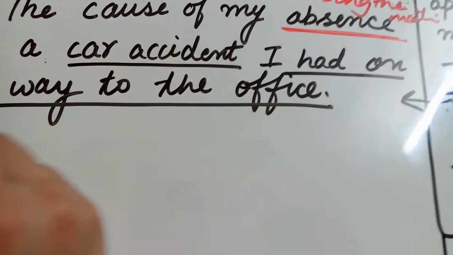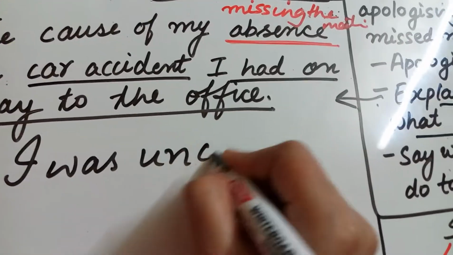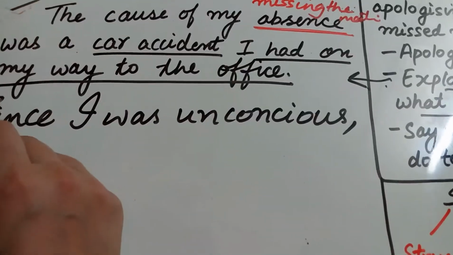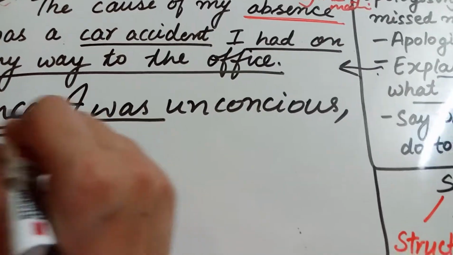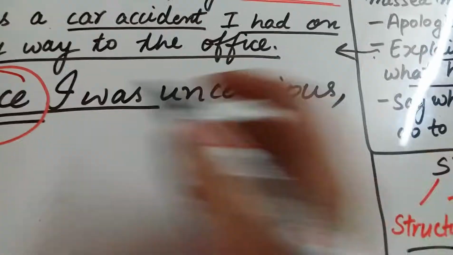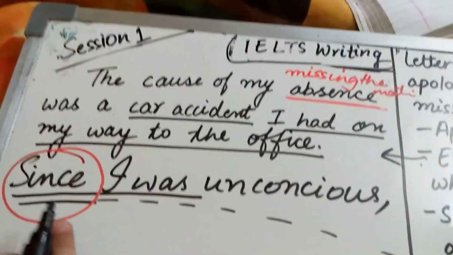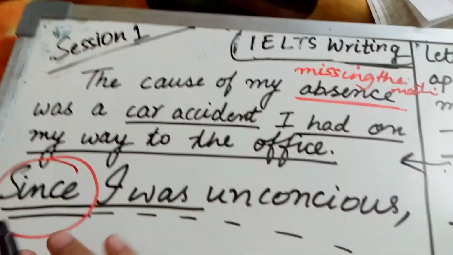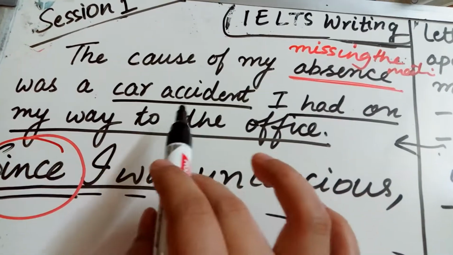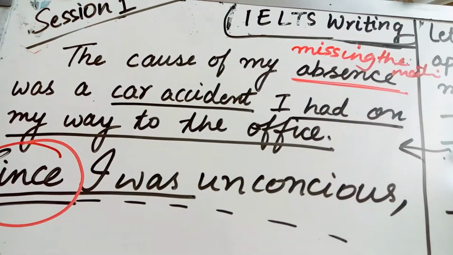Now, since I was unconscious. Why am I using this word since? Because it is going to structure my sentence. It is going to structure my writing. I am connecting my second sentence to the first one. The cause of my absence was a car accident I had on my way to the office. Then, you can explain the process further also.